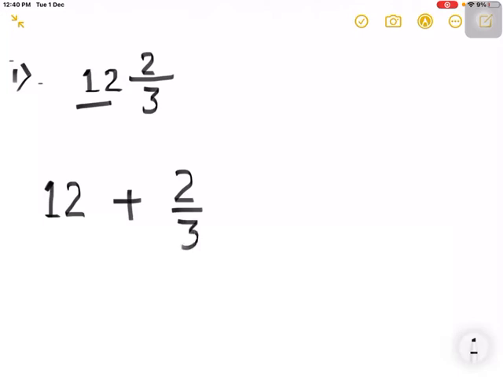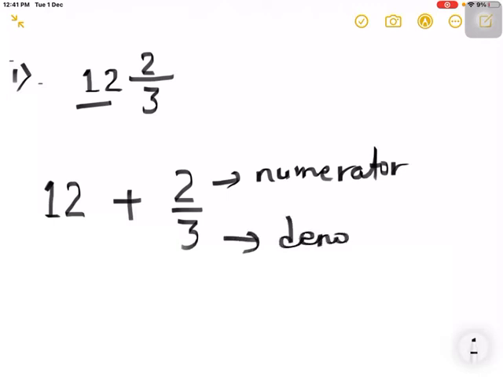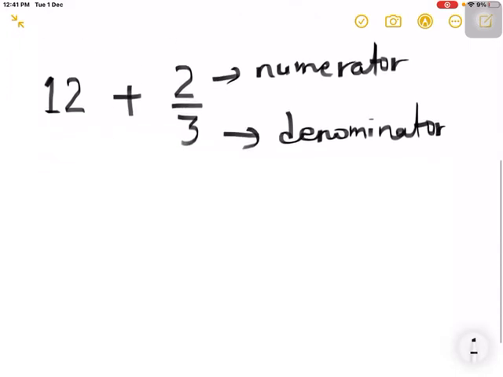Here the numerator is 2 and the denominator is 3.